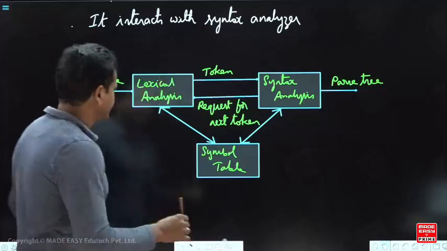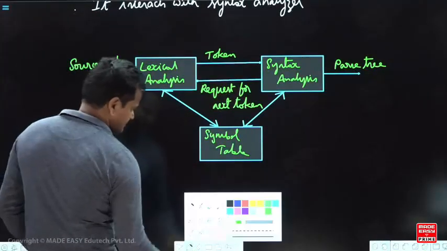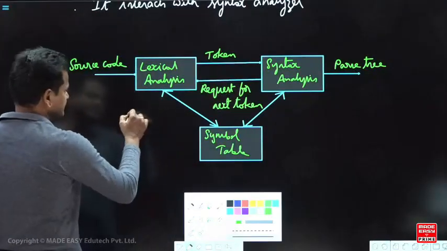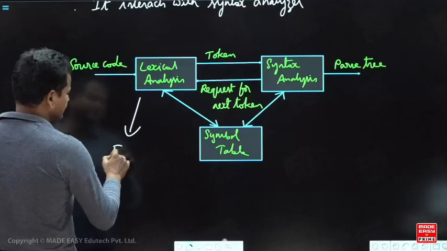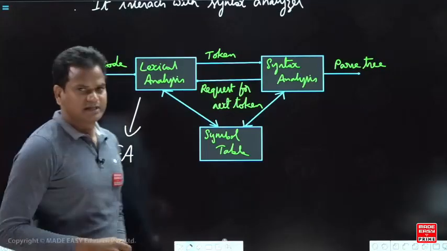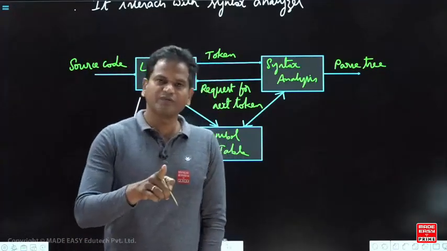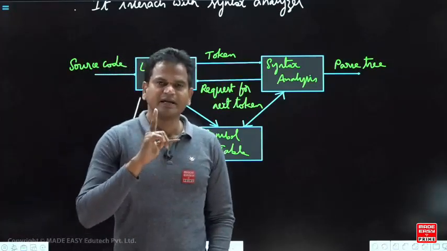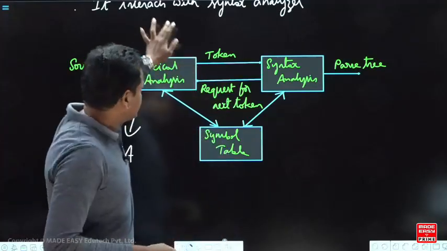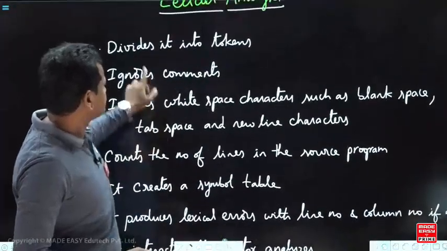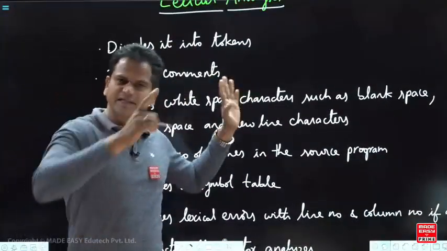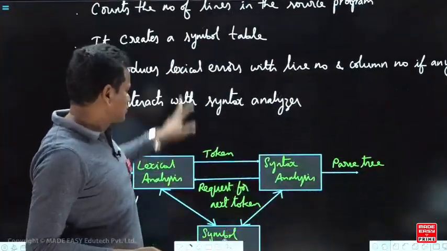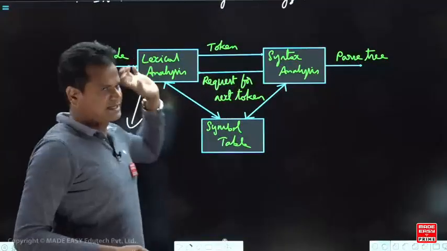And one more thing. In lexical analysis, the machine we use is finite automata. The lexical analyzer divides the source into tokens, as we have already seen in the phases of the compiler.